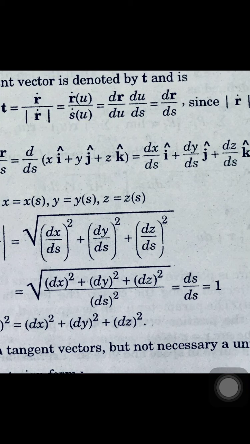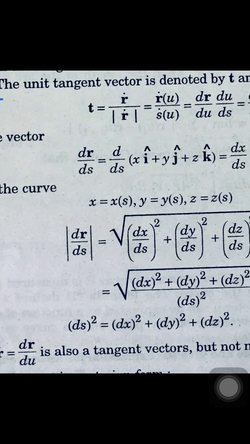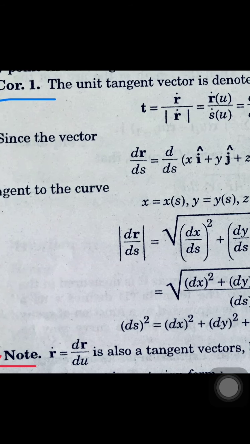Okay, after taking ds square common in all denominator terms, we get dx square plus dy square plus dz square upon ds square. But we know in a curve ds square is nothing but dx square plus dy square plus dz square. So it becomes ds square upon ds square under root, so it becomes ds upon ds. So that is 1. So here we are using ds square is equal to dx square plus dy square plus dz square.